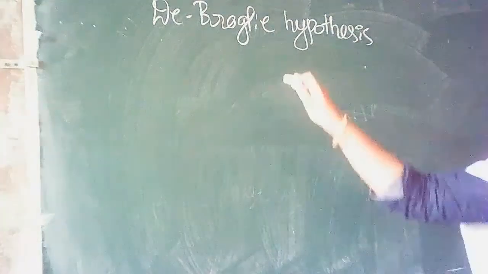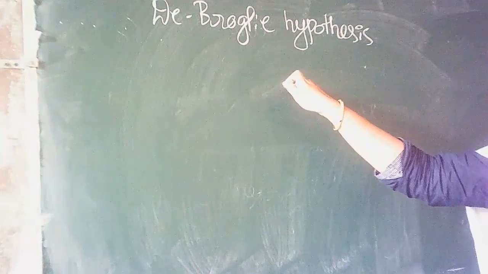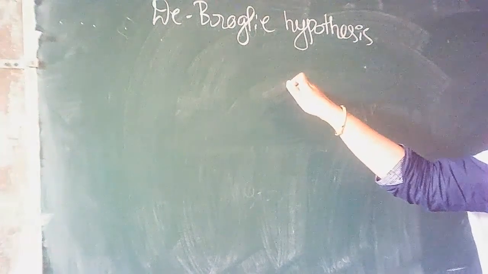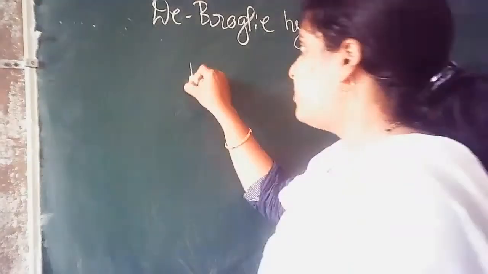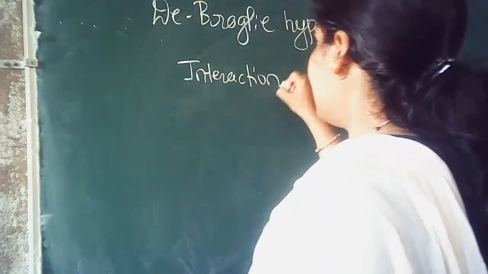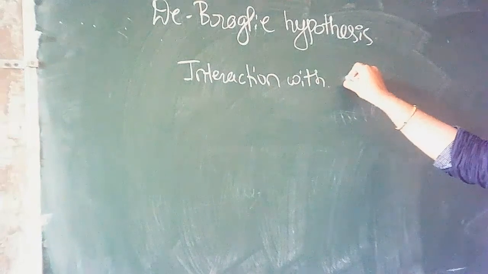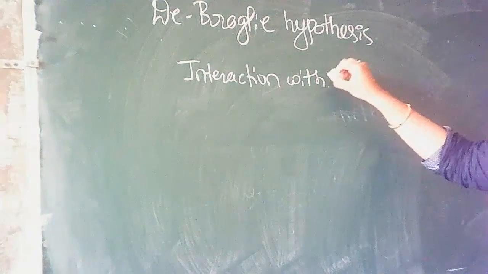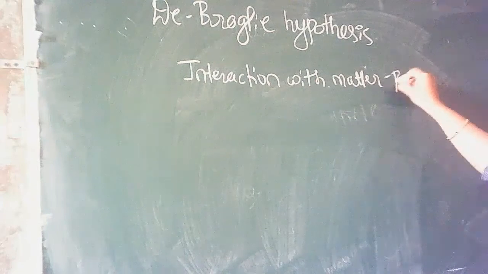That is the De Broglie hypothesis. So what will De Broglie say? A moving particle behaves as a particle when it is interacting with matter. So when there is interaction with matter, then it behaves as what? Particle.